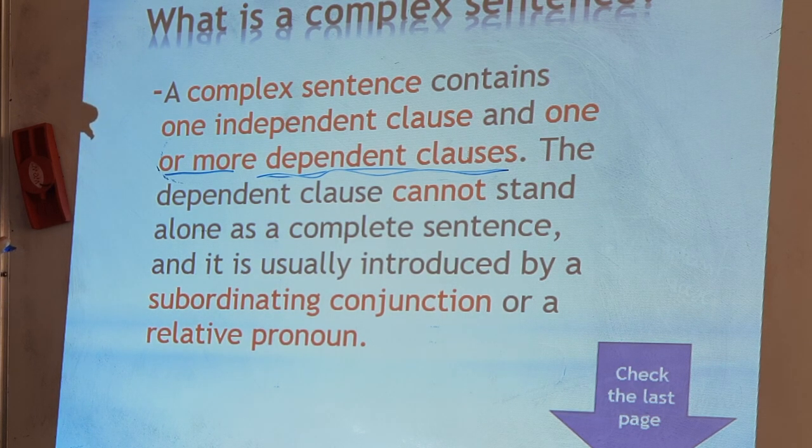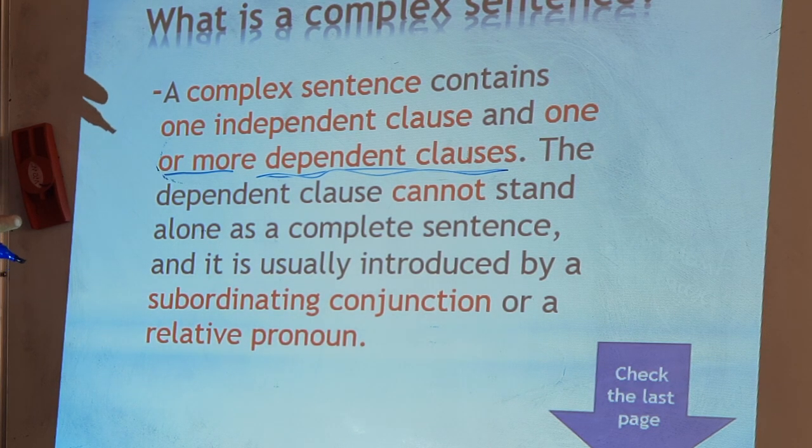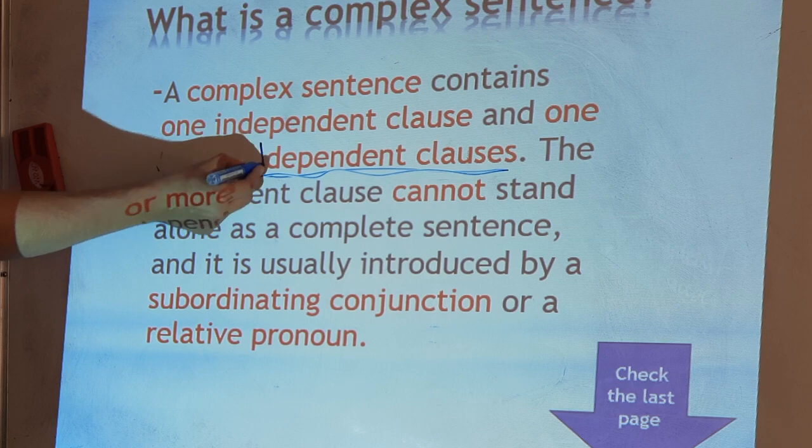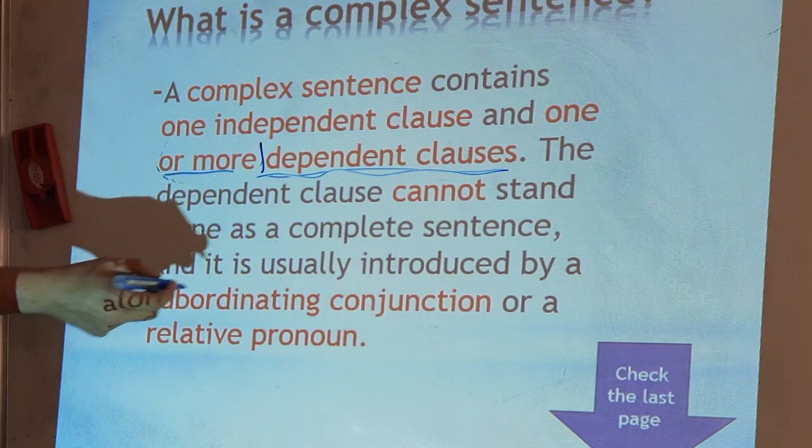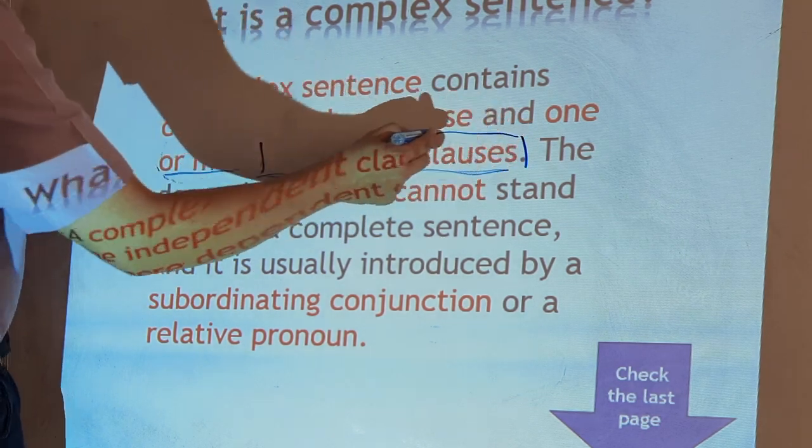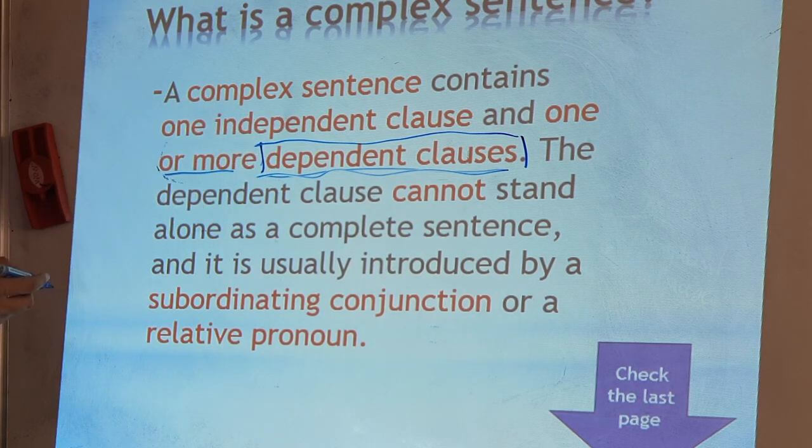So what do we mean by a dependent clause? A dependent clause is the same as what we call a clause, but if it does not have a meaning, this is what we call a dependent clause. It needs another clause in order to be fulfilled, in order to express a meaning.